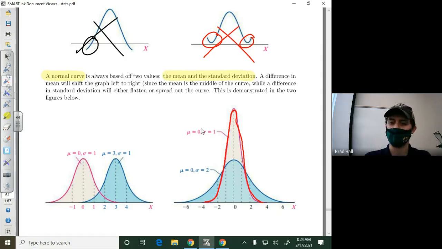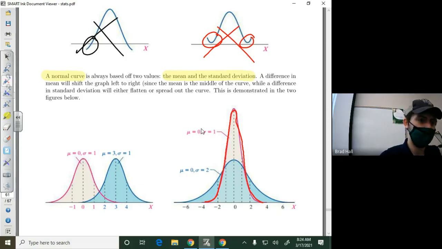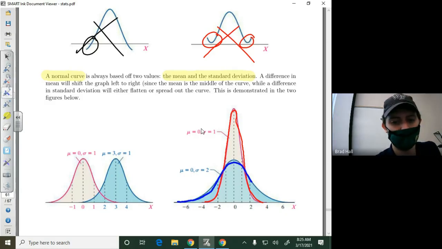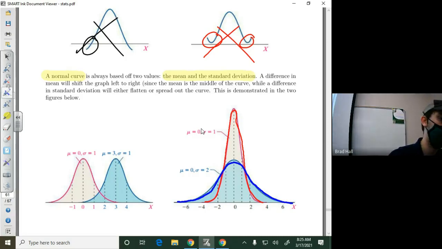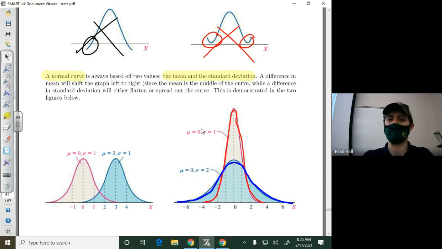Everything's very compressed, as opposed to the other one where it has a larger standard deviation. So we can see that the data being spread out is directly proportional to the shape or the width of the normal curve. And then here's some overlays to sort of illustrate this.